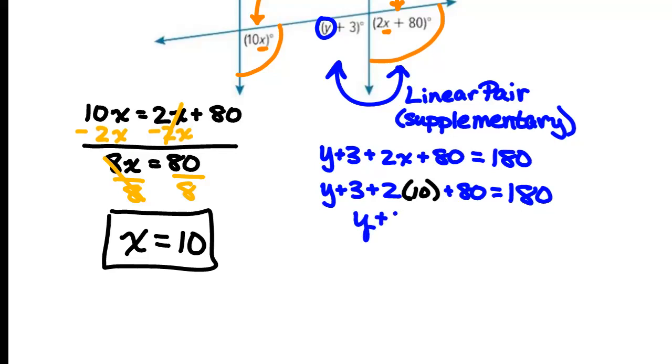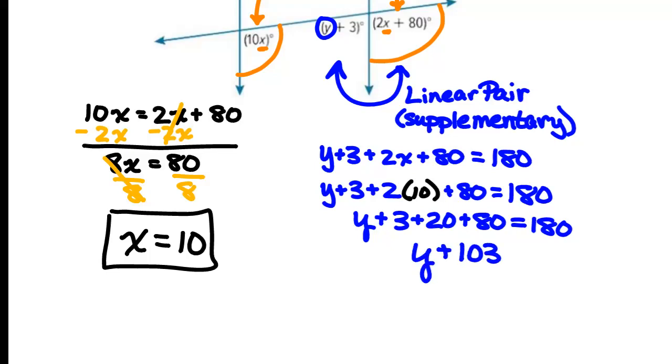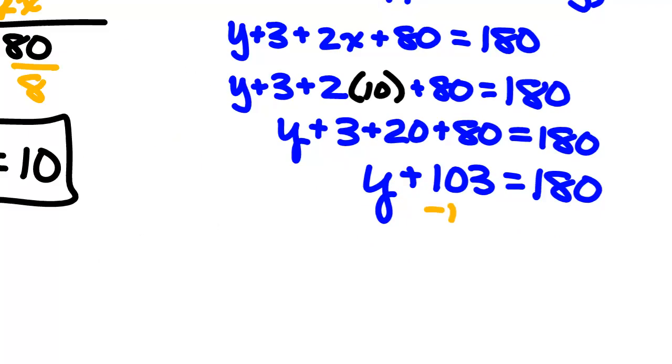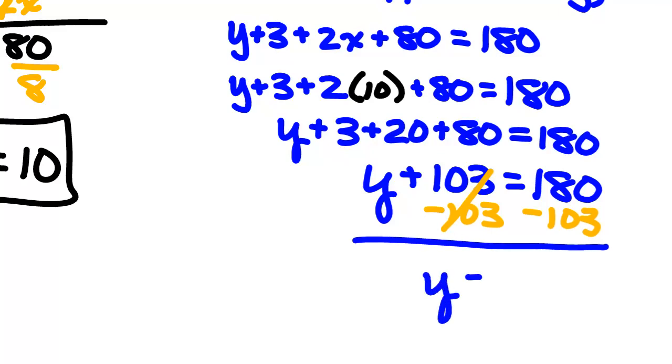So y plus 3 plus 20 plus 80 equals 180. So y plus 103 equals 180. Subtract 103 from both sides. And I get that y equals 77.